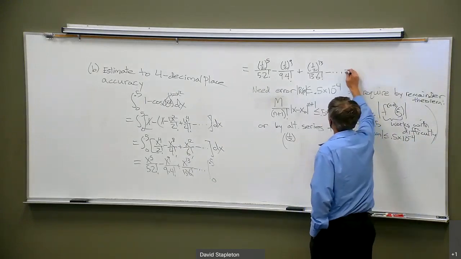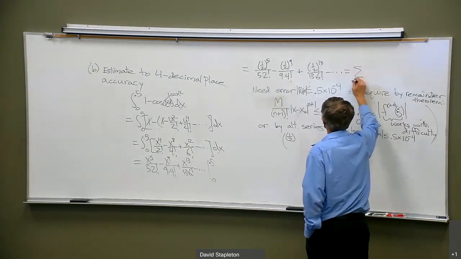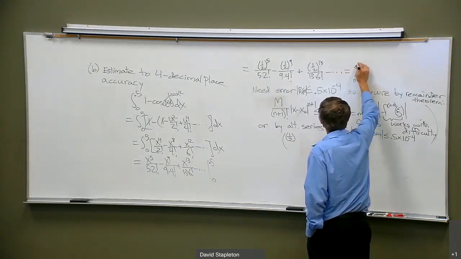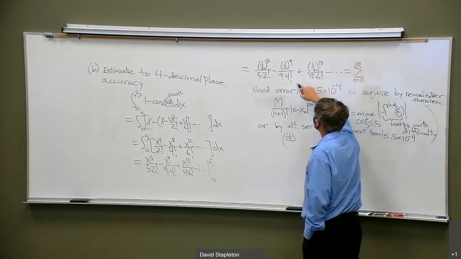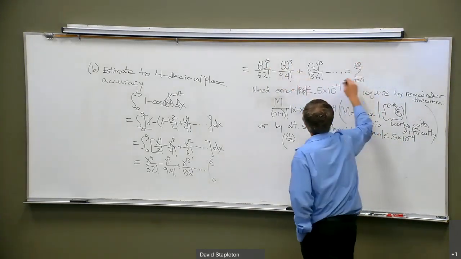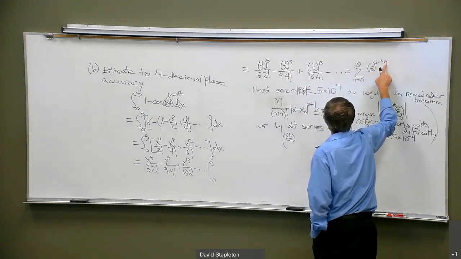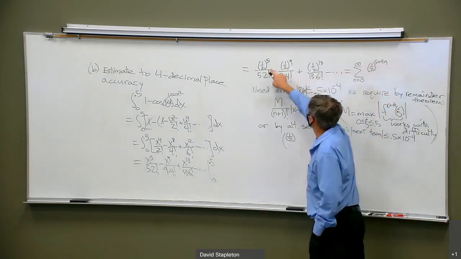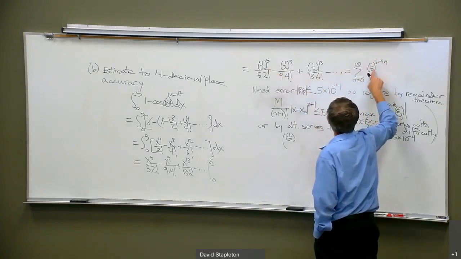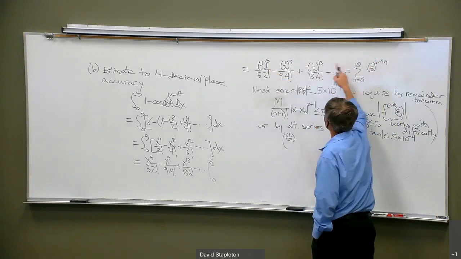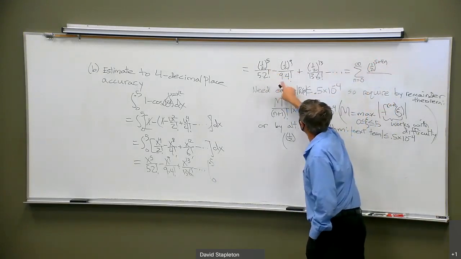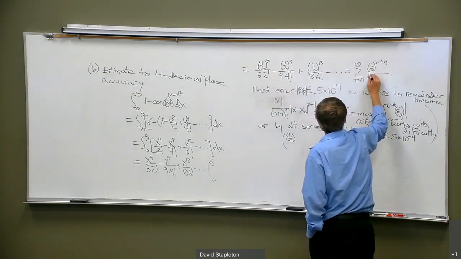So if I write this as the sum from n equals 0 to infinity, and these increase by 4, I can call this 1/2 to the 5 plus 4n. If I put n equals 0, I get 1/2 to the 5th. If I put in n equals 1, I get 1/2 to the 9th, and 1/2 to the 13th, and so on. And then the one down here is the same number that's up there, so this is 5 plus 4n.